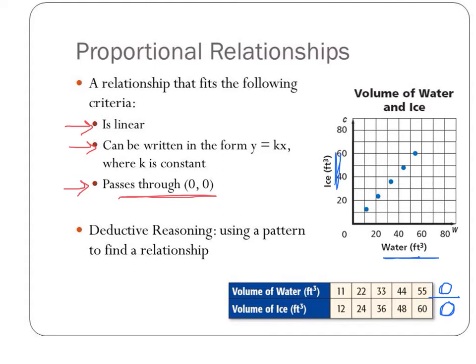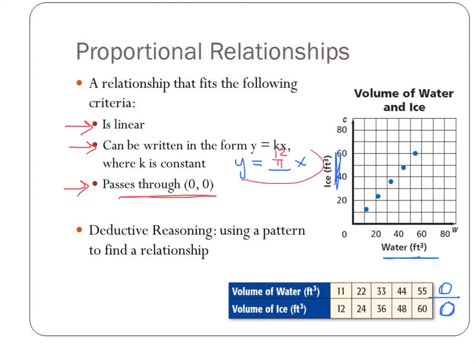And so let's look real quick. Could we write an equation that was y equals something x, where k is the constant? So if we look, 11 is 12, 22 is 24. Let's try, and I'll explain more later how I got this, 12 over 11.